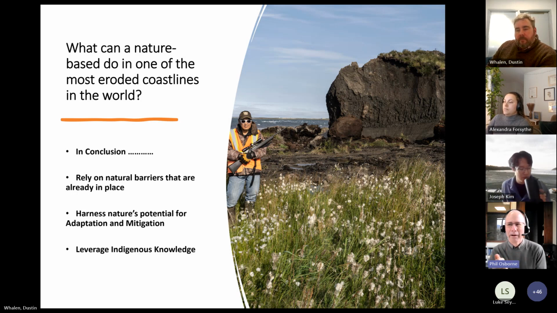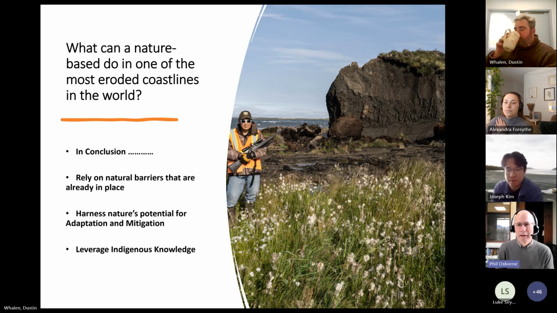I'm thinking about a community that I've looked at quite a bit in Alaska, Shaktoolik, where the community there started incorporating driftwood basically on their own into their berm to provide protection, and it sort of made a difference.